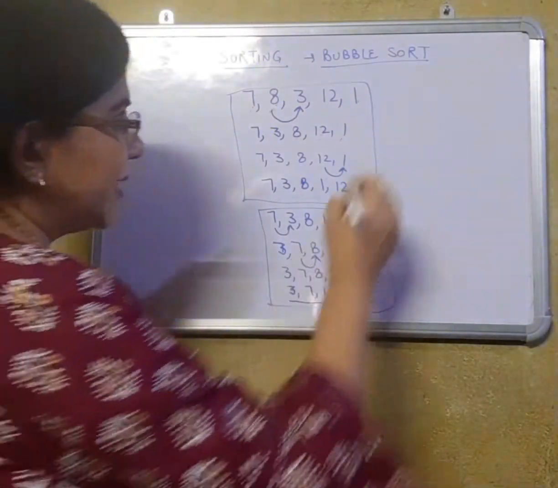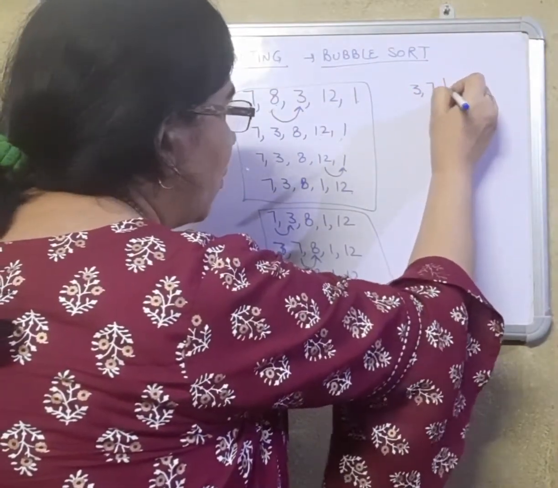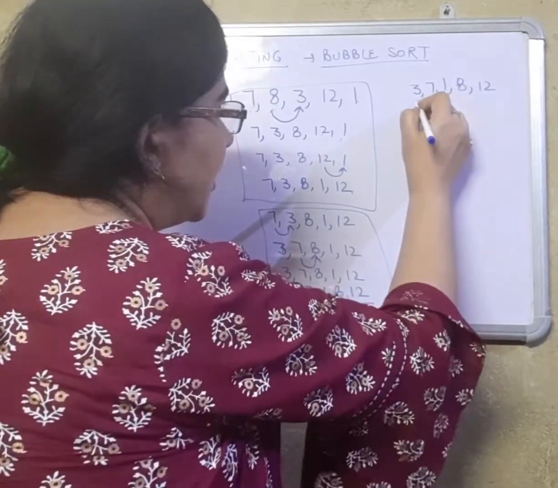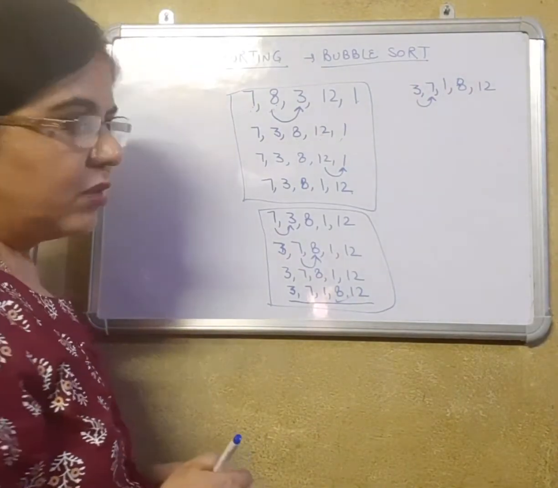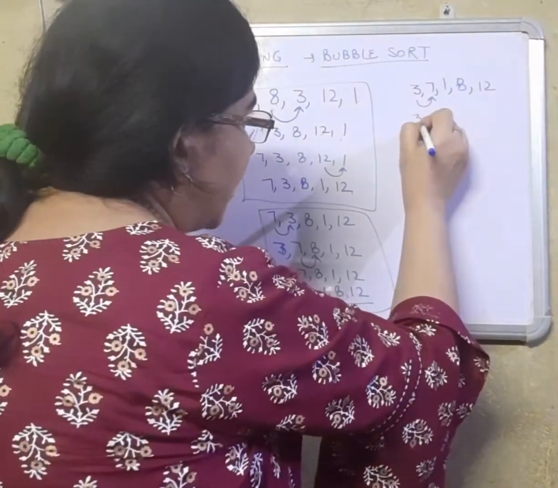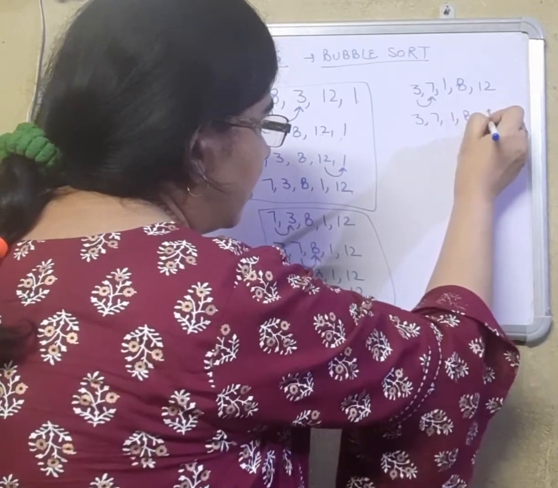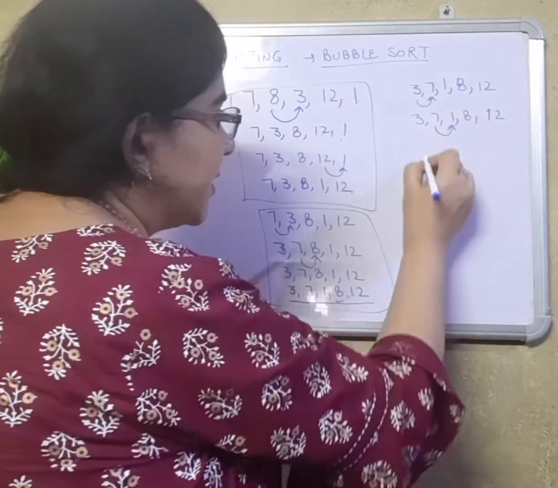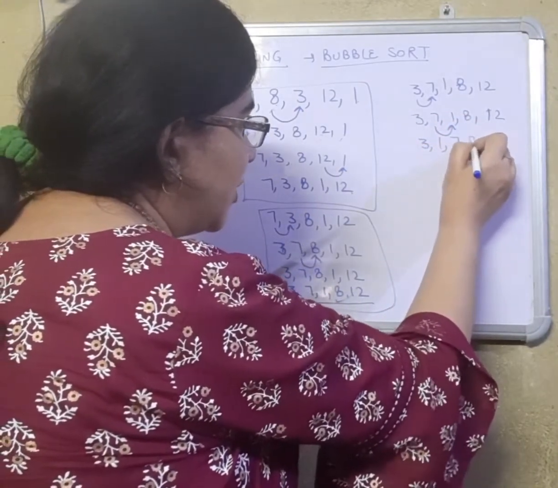Now from this set, 3, 7, 1, 8 and 12, 3 is compared with 7. Is 3 greater than 7? No. So it will remain as it is. Then 7 will be compared with 1. Is 7 greater than 1? Yes. So they will exchange.